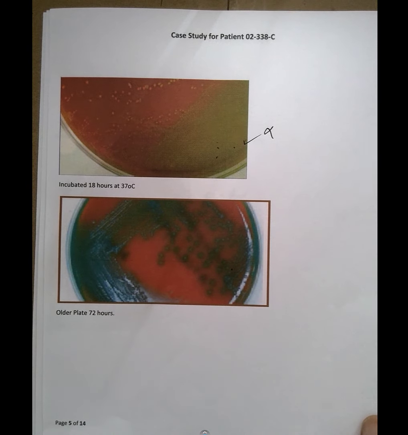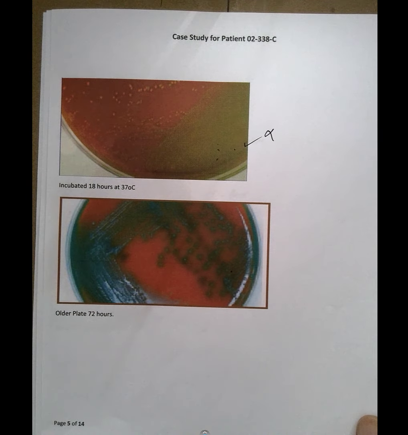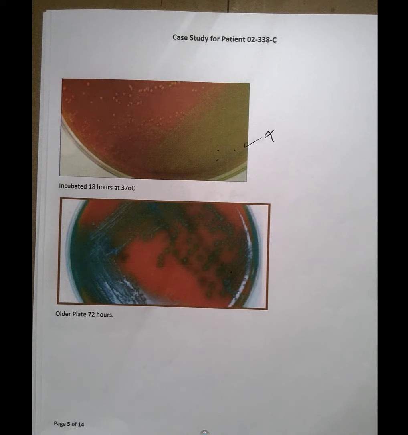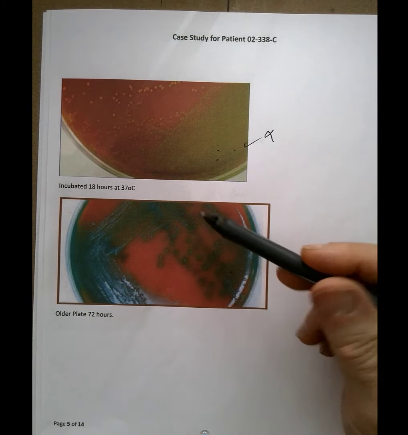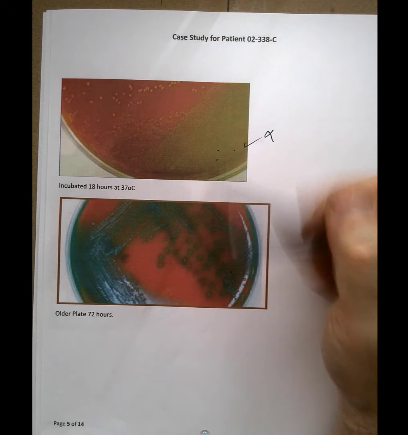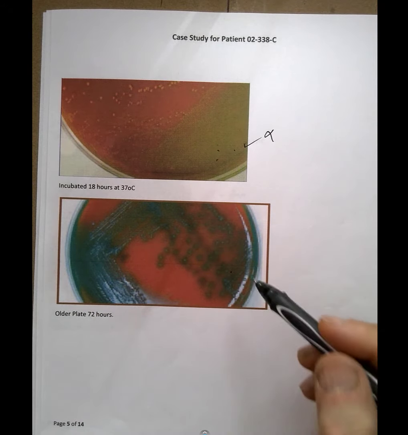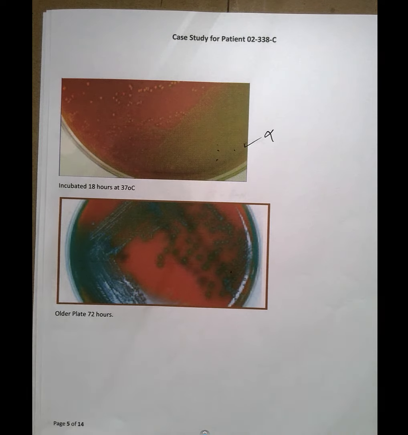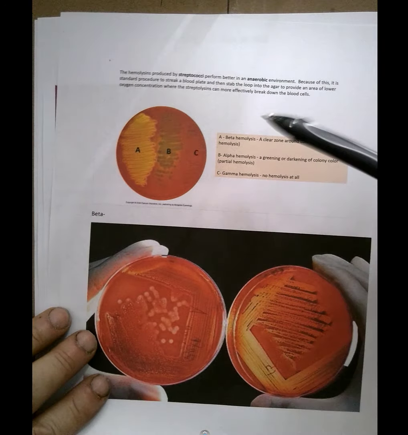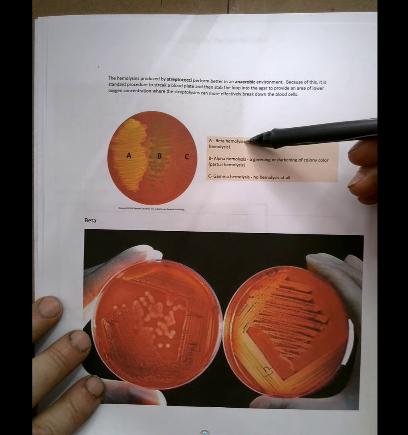A lot of times microbiologists will take the same plate set, incubate it a little bit longer, and just confirm which type of hemolysis it is. It's one of three. Beta is bad.